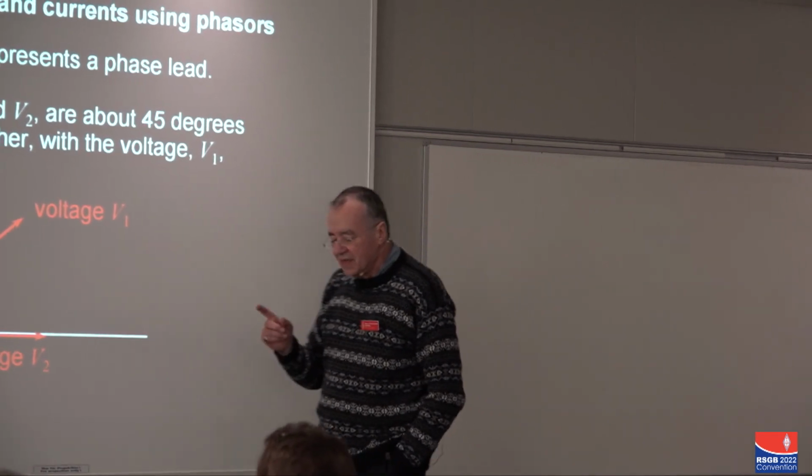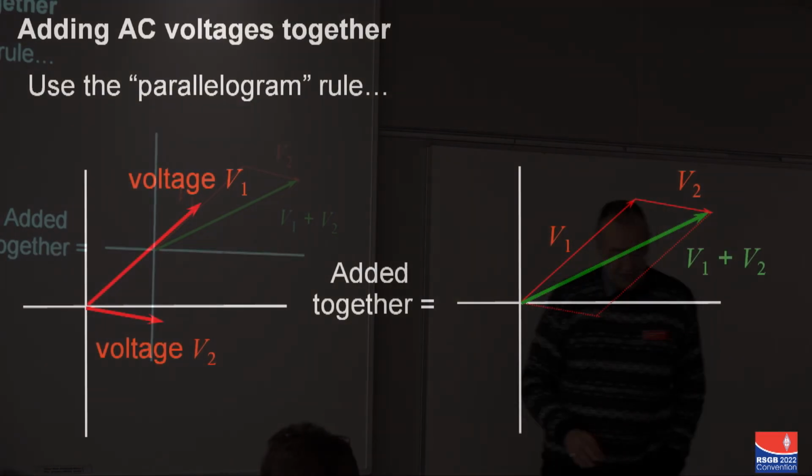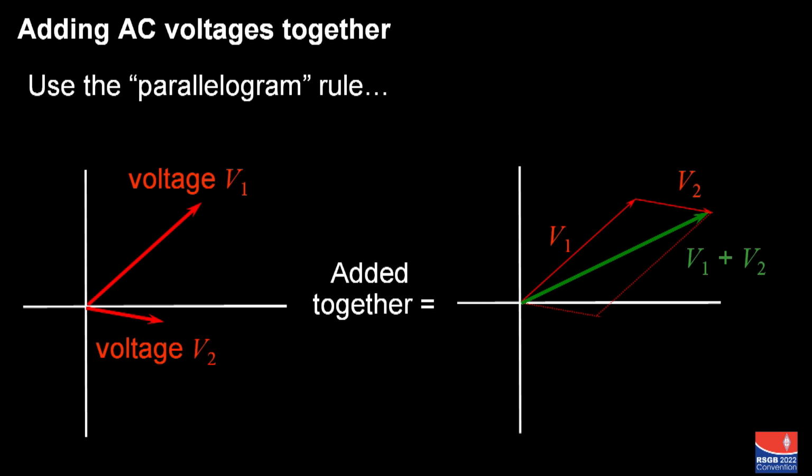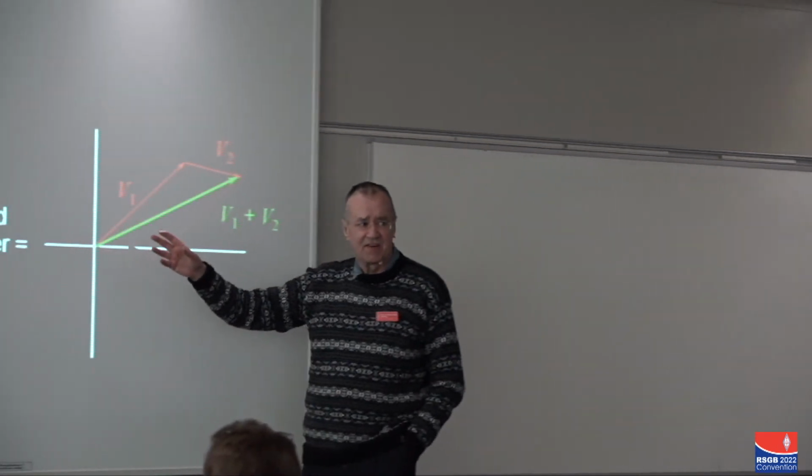So the only other thing that we need to understand is how we combine phasors together, how we combine the voltages together. If you've got this voltage V1 and V2, if you add them together, what's the corresponding voltage? What's the sum of the 2? All you need to know is that it's just a parallelogram.